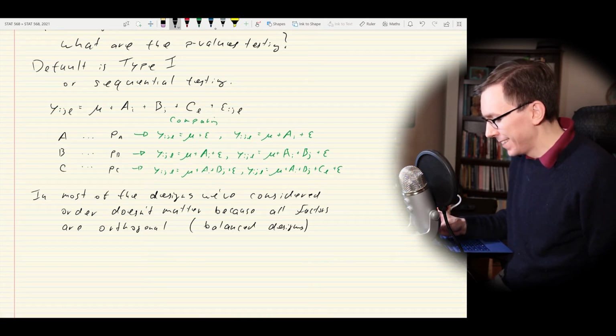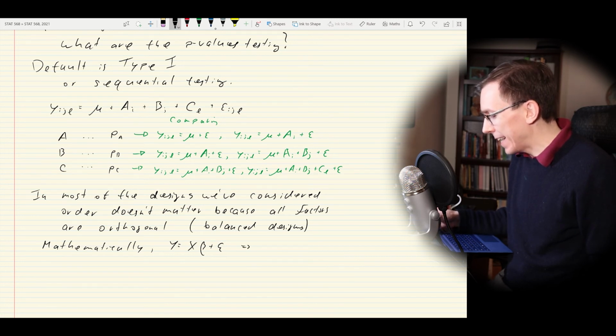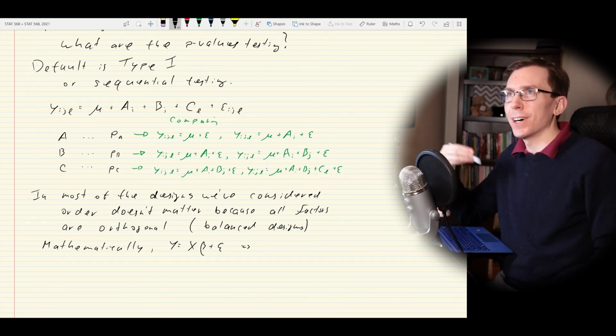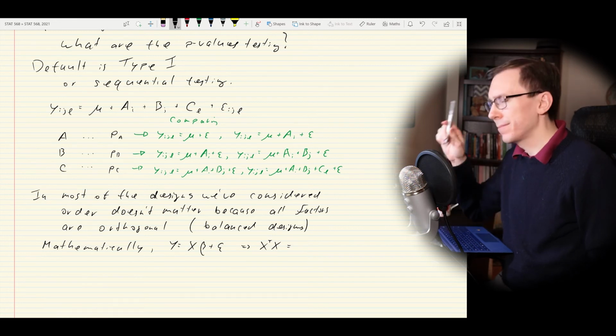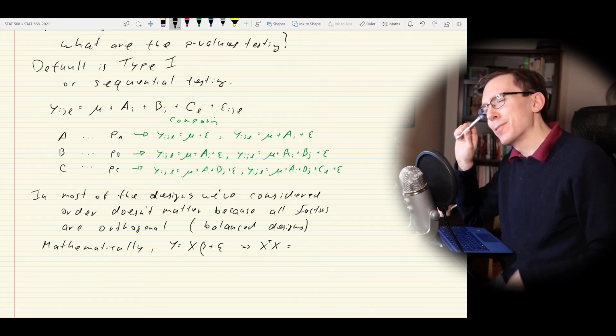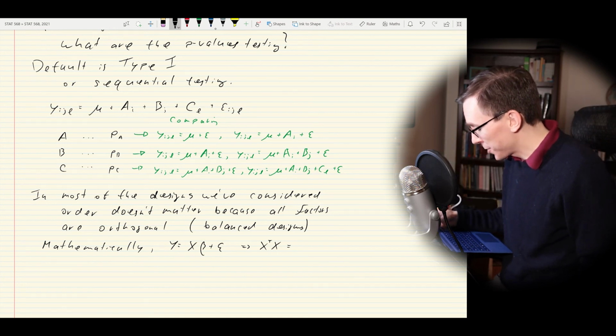So mathematically, if we were to consider a linear model, y is equal to X beta plus epsilon, what we're saying is that X basically has orthogonal columns. So X transpose X is just going to be a diagonal matrix.